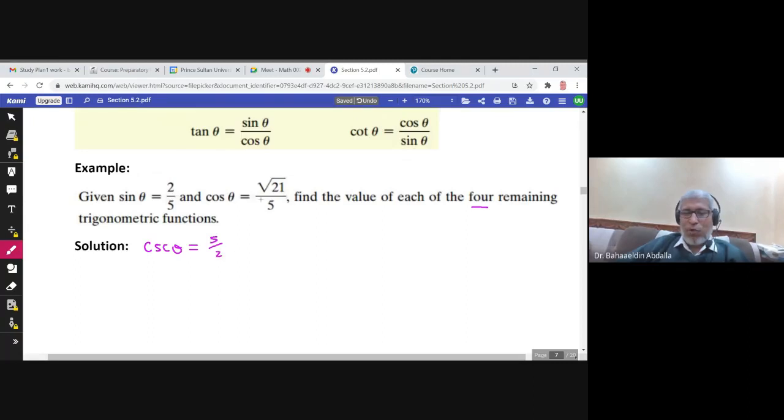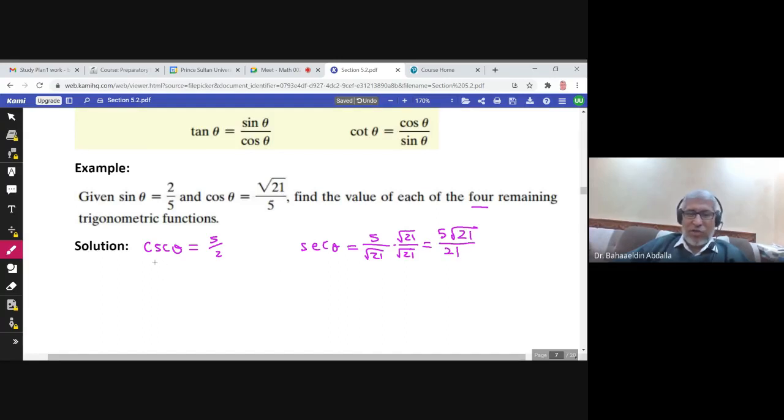Secant is the reciprocal of cosine, so if cosine is square root of 21 over 5, secant is 5 over square root of 21. I need to rationalize the denominator, so I multiply by square root of 21 over square root of 21, and the answer is 5 times square root of 21 over 21.